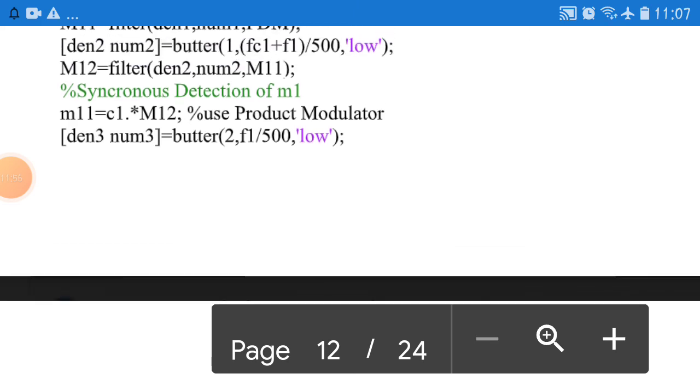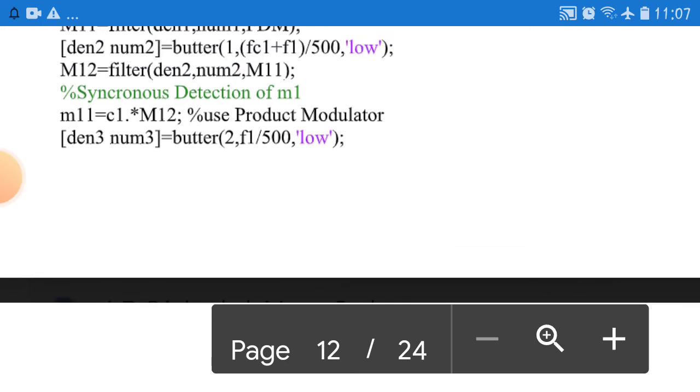It is the DSBSC1 modulated signal. For demodulation, again you have to multiply M12 with the carrier signal. So this is the product modulation, and M11 is the product modulator output.